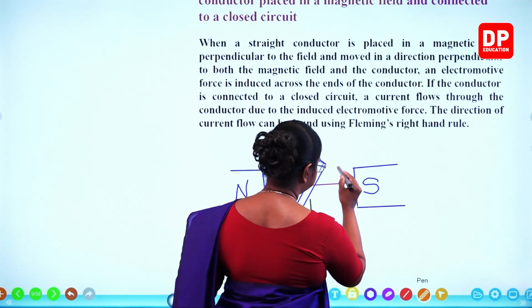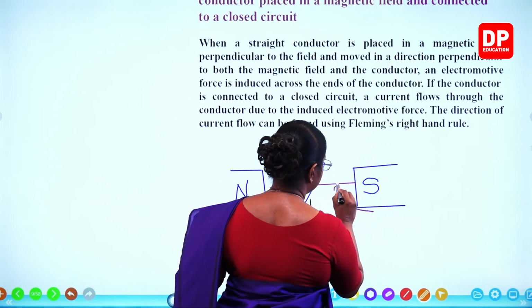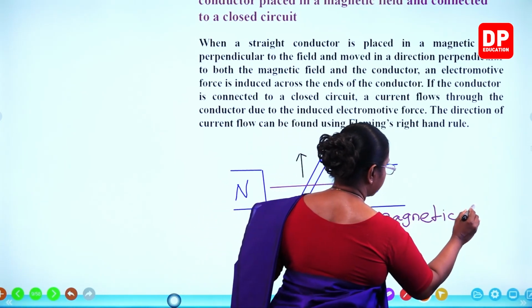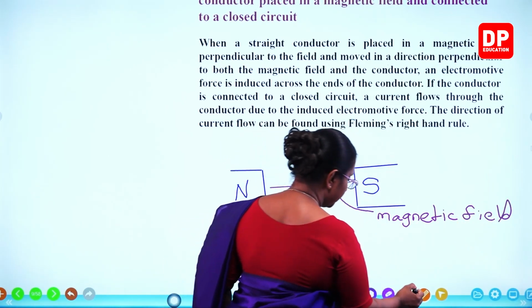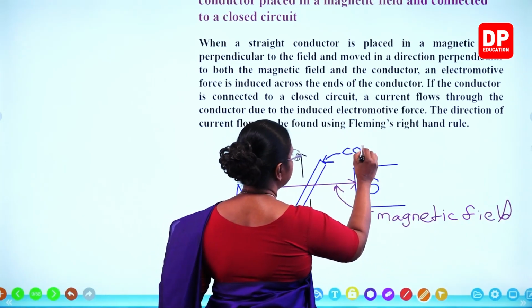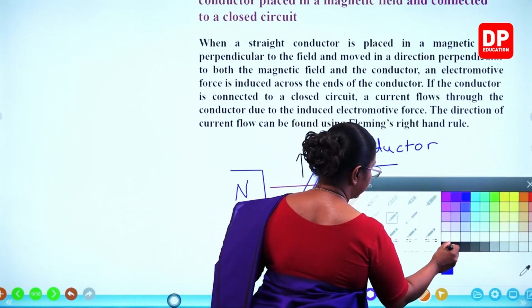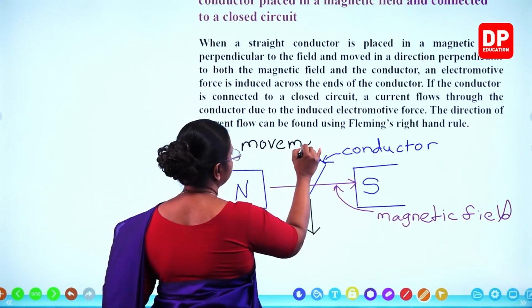So here, this is the magnetic field, that is in this direction. Then we have the conductor perpendicular to that, and the movement perpendicular to both.